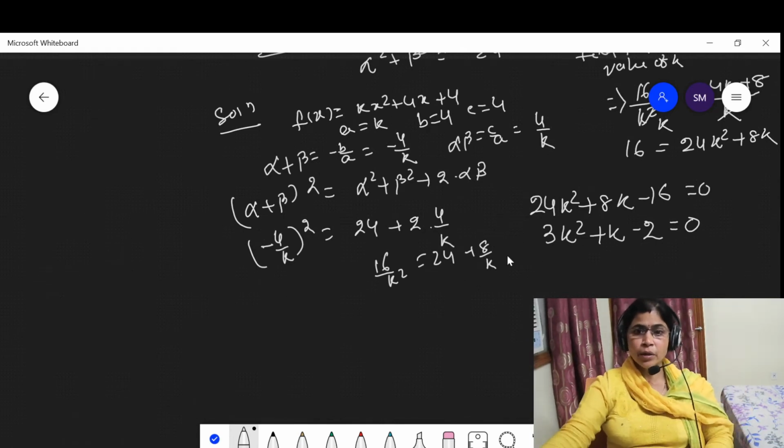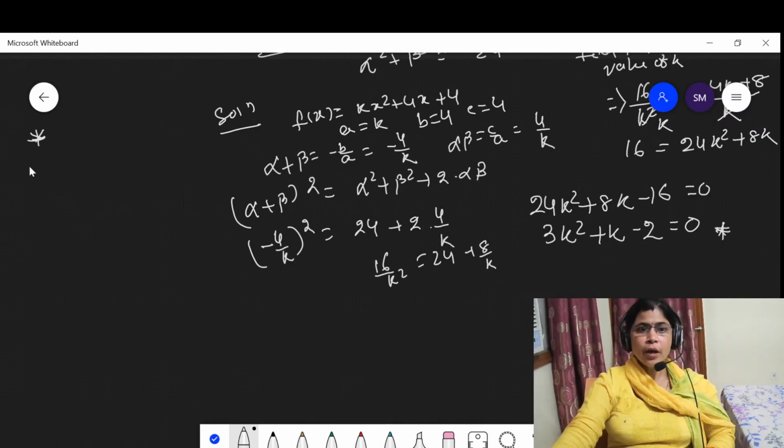Then by using middle term factorization, now let us start from here. Look at the sign. I split the middle part in this way: 3k square plus 3k minus 2k minus 2 is equal to 0.